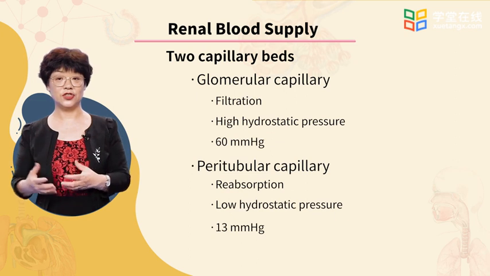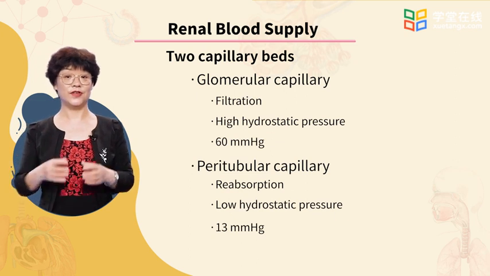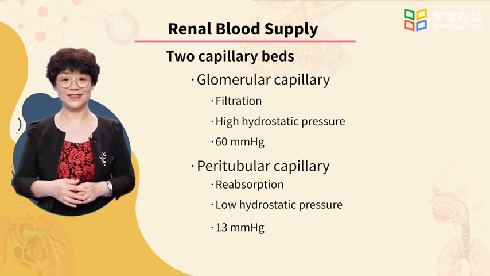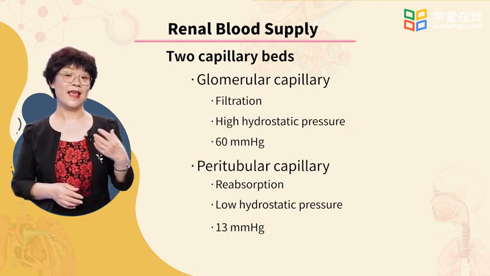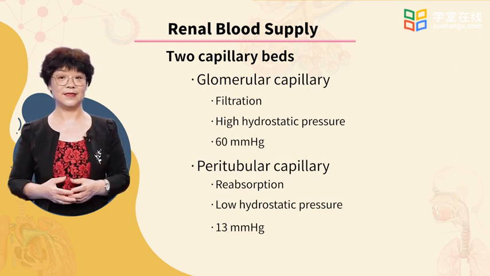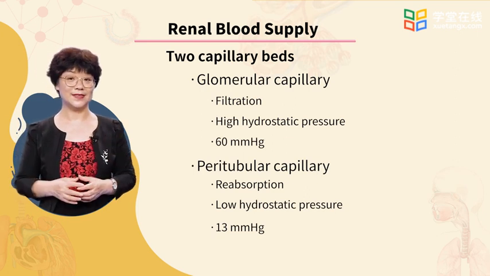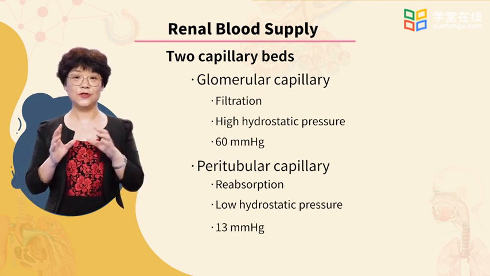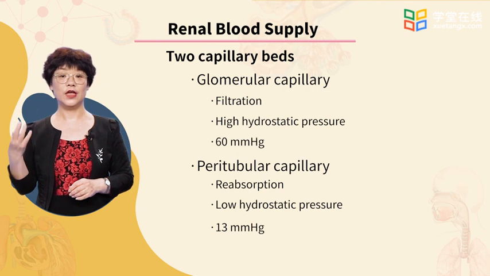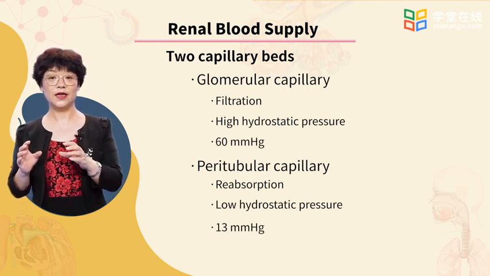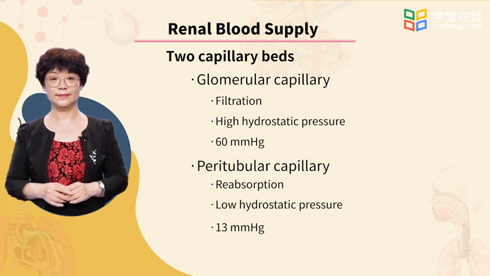The afferent arterioles deliver blood to the first capillary network, the glomerular capillaries, and the efferent arterioles supply blood to the second, the peritubular capillaries. Blood from the peritubular capillaries flows into small veins and eventually drains into the renal vein.